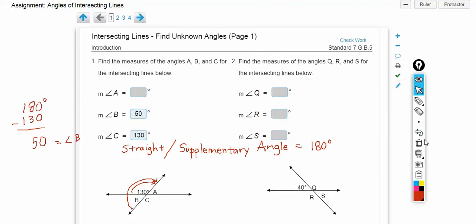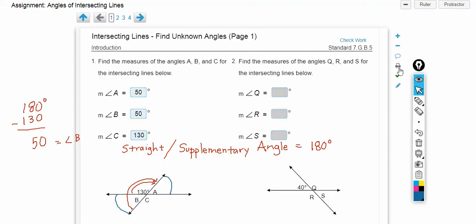And then I also know that if I look at angle B here and angle A here, they're vertical angles. And vertical angles are equal, so B and A both must be 50 degrees.